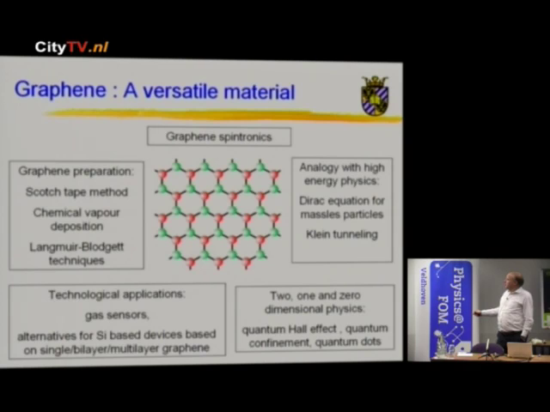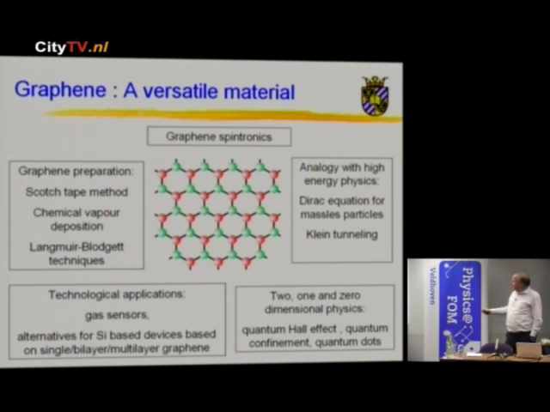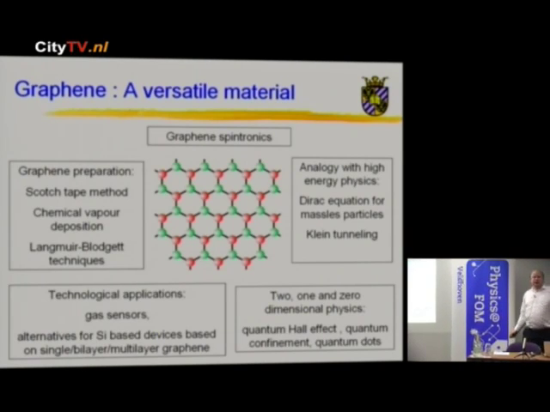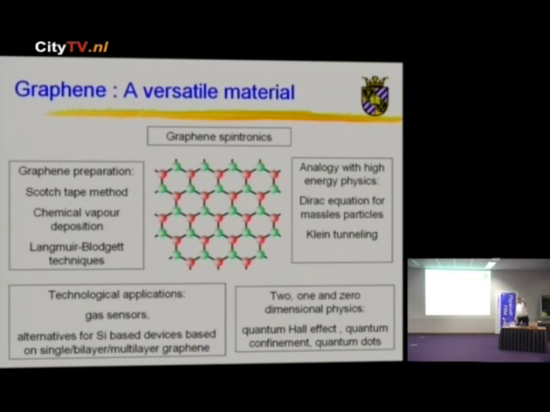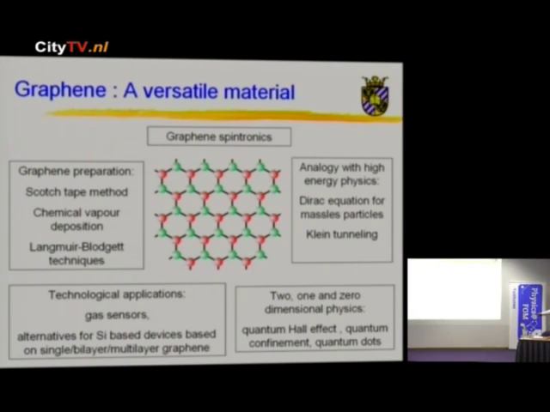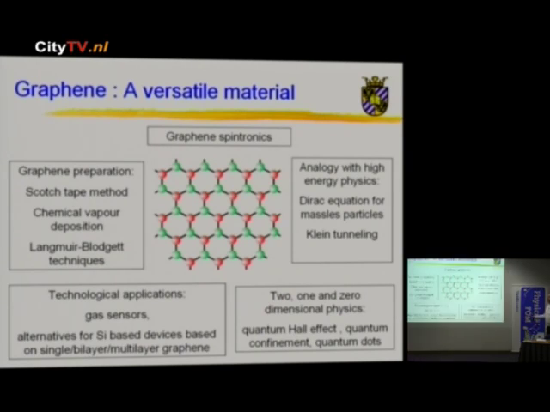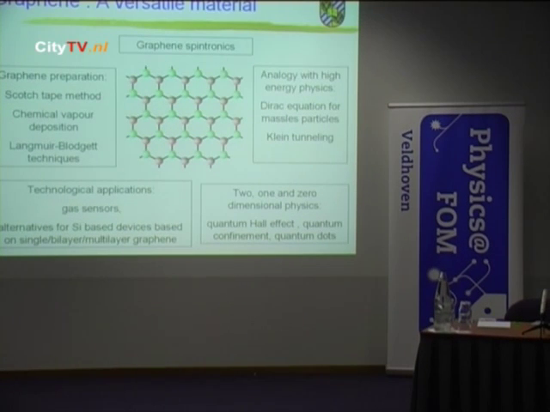You can actually even measure one. If you make your device small enough, it was shown that you can really see steps in the resistance, and each of these steps should correspond to having just one gas atom or one gas molecule absorbed somewhere on your graphene. So that's a very sensitive way to do that.